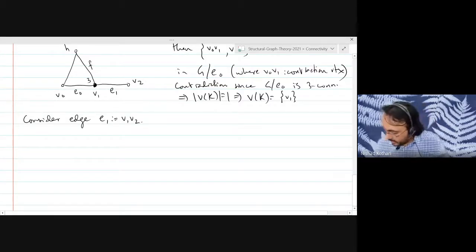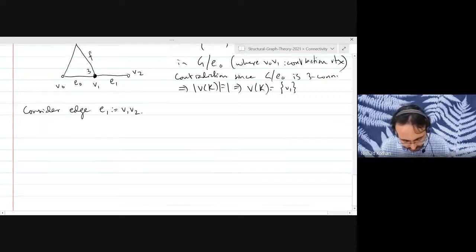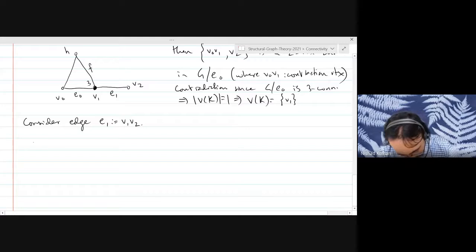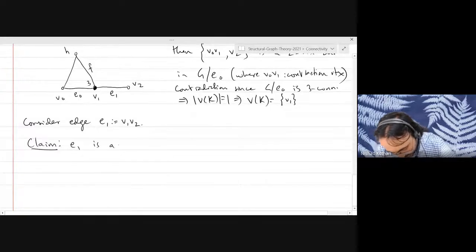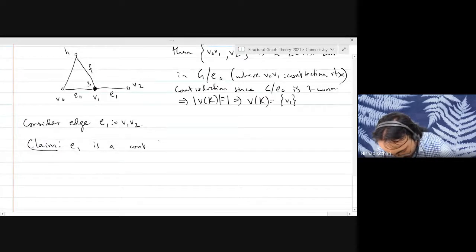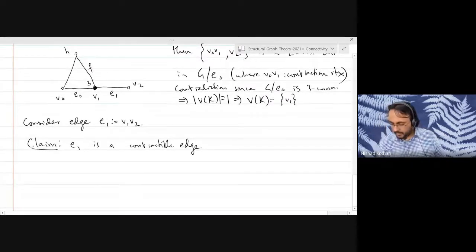Okay. Let us think about this edge a bit. We're going to argue that this edge is also contractible. So my claim is that E1 is a contractible edge.